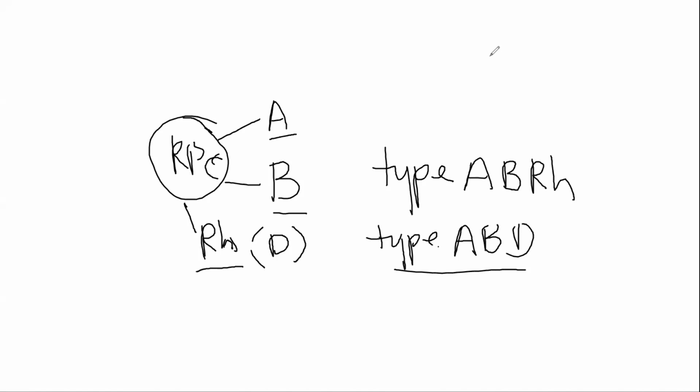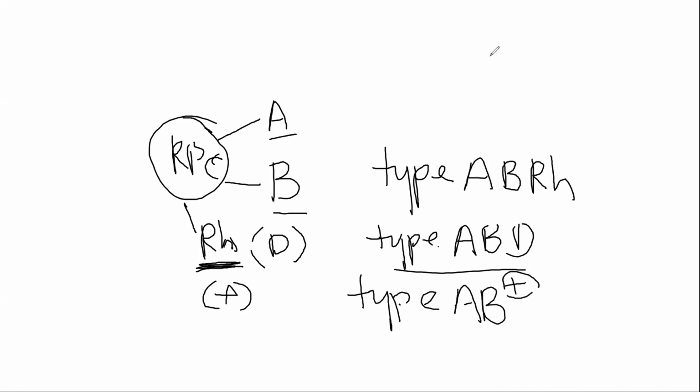If this person has Rh antigen on the surface, we just use a positive sign. That means this person's blood type can be written as AB positive. This positive sign represents that this person does have Rh antigen on the RBC cell membrane.